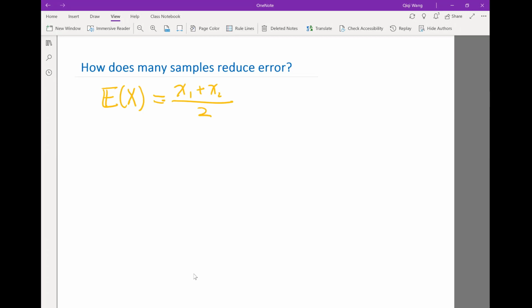In this case, my estimator is x1 plus x2 divided by 2. This means I'm treating the collection of all possible samples I get when I perform my first sample as a random variable, that's my x1.